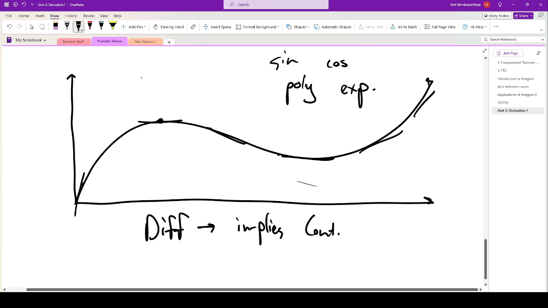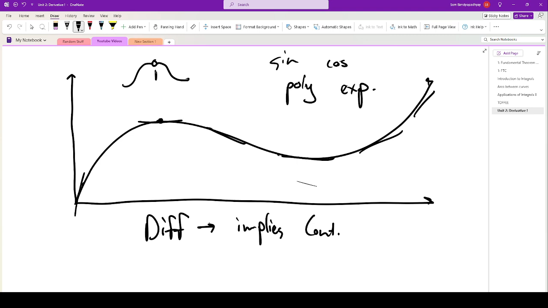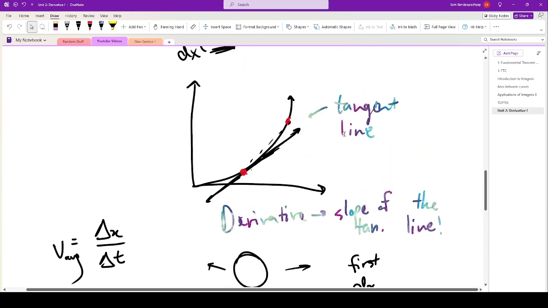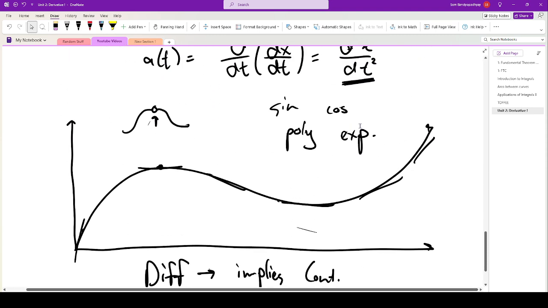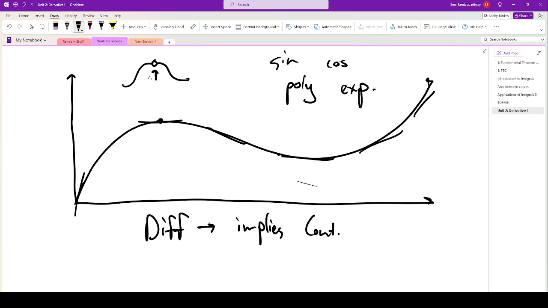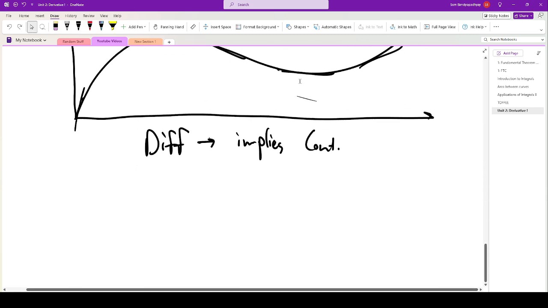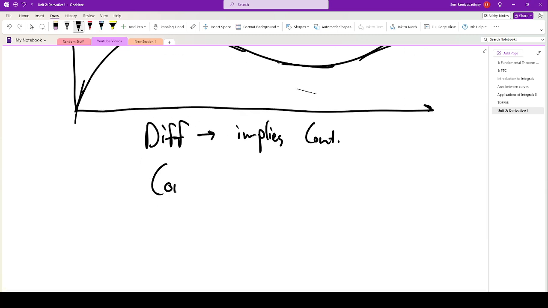Because, for example, if you look at something that's not continuous, there is absolutely no way to take the slope at this point because the value of the point doesn't exist. You have nothing to plug into this f of x expression at this point. So if the function is differentiable at a point, that means it's also continuous at that point. However, it does not go the other way around.